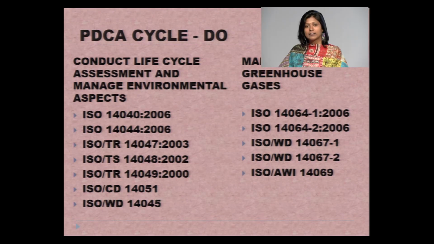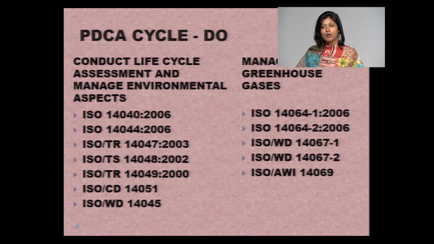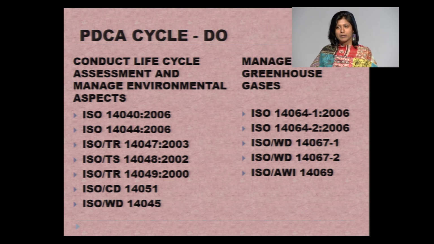Coming to the next step after planning: once we have planned for something, the next part is to actually implement it. So coming to the do part of the PDCA cycle, one of the activities related to it is conducting a life cycle assessment of the various services, products or processes of the organization, and also how to manage these environmental aspects.